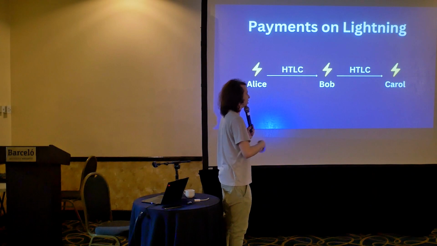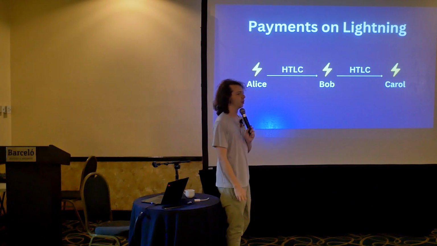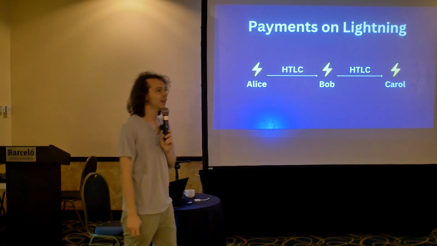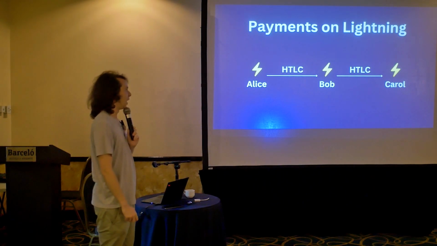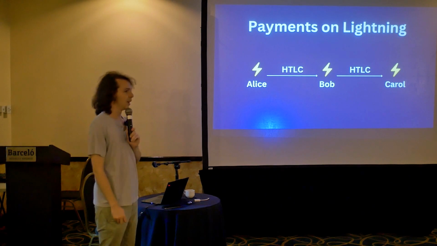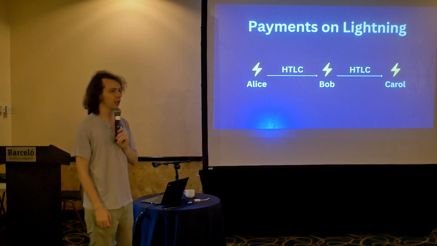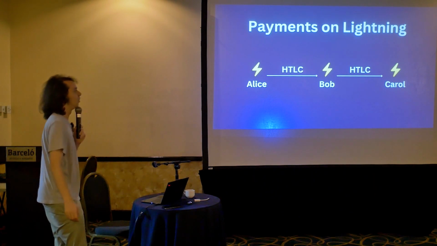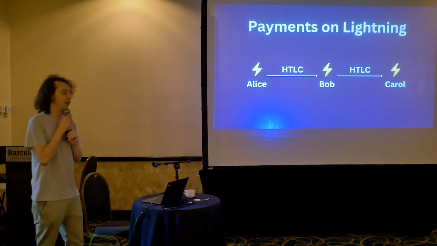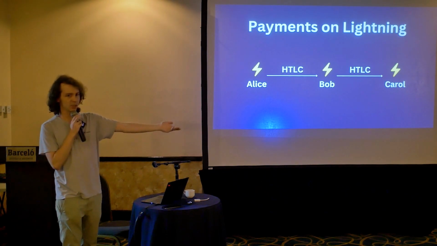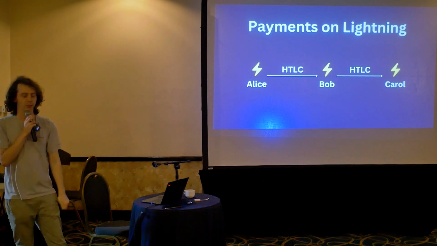In case of some HTLC getting stuck, some node being offline, or bad things happening, there's always the time lock component. If the secret isn't revealed in time, the time lock is enforced and all the coins go back to where they were before.